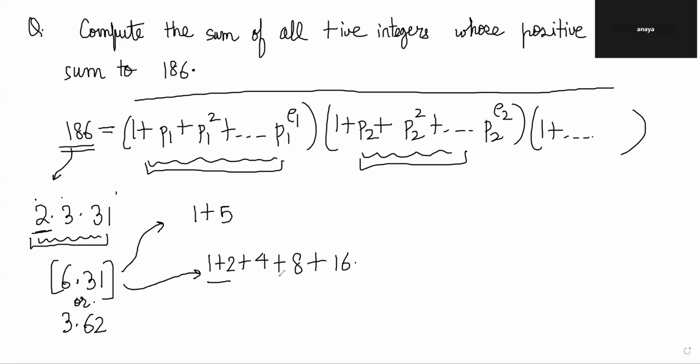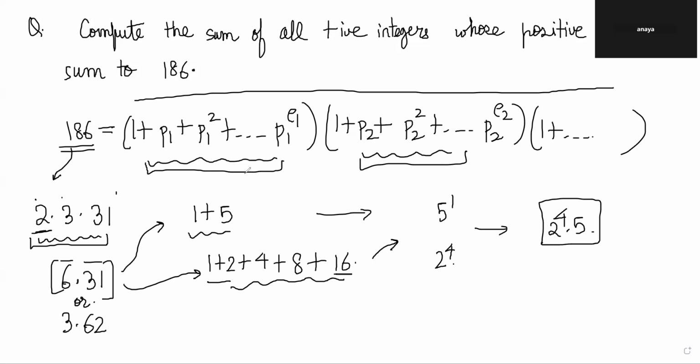So that means we are getting one way in which we can get 6 times 31, right? Yes. So what is the number then? The power of 5 is 1, right? Yeah. And here the power of 2 is 4, right? Right. So the number is 2 power 4 into 5, for which we can write the sum of divisors like this: 1 plus 5 into this.